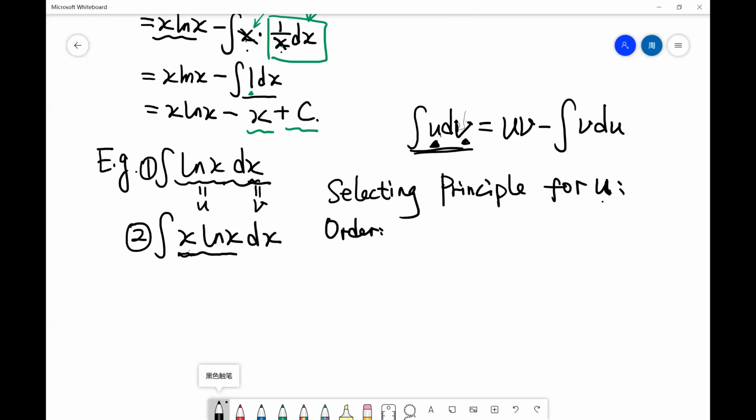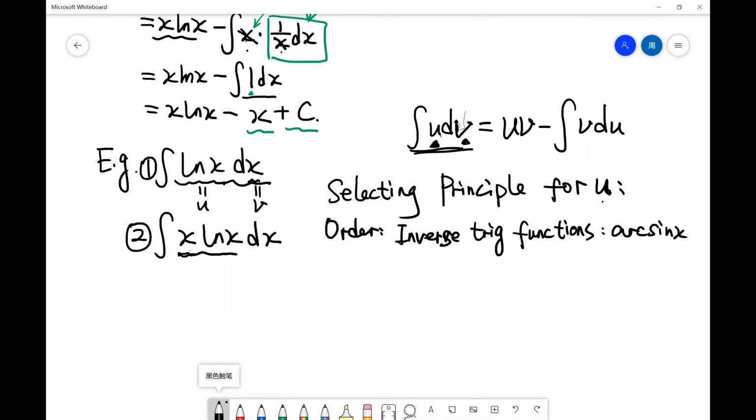The first is the inverse trig function. Inverse trig functions mean, for example, arc sine x, arc tangent x, arc cosine x, right?